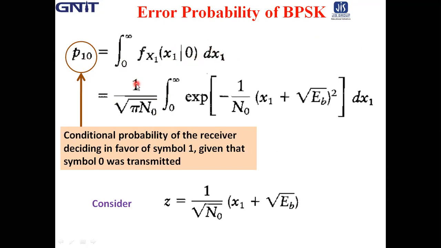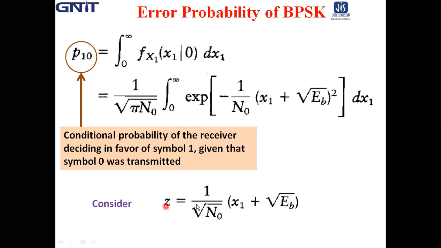This becomes 1 by square root of pi N0 times the integration from 0 to infinity of exponential minus 1 by N0 (x1 plus square root of Eb) whole square dx1. Now, how to solve this expression?